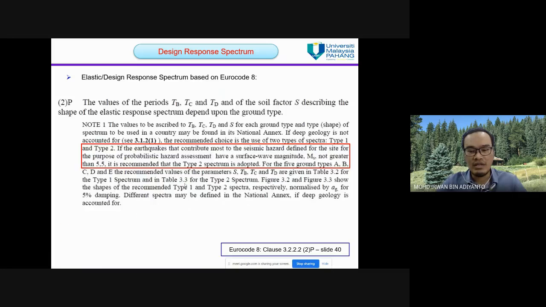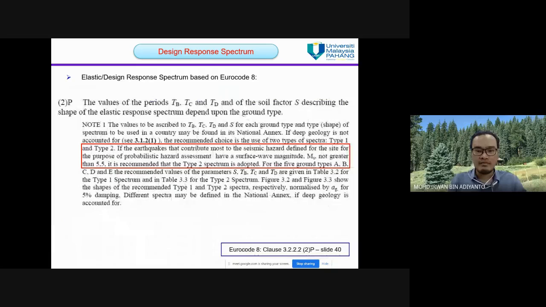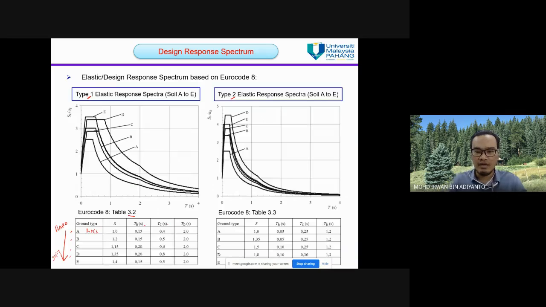Okay, in Eurocode they have two types, type 1 and type 2. Type 2 is used if the magnitude of the surface wave is not greater than 5.5, so we consider the type 2 response spectrum, and then we refer to table 3.3 for every soil factor, and every TB, TC, and TD.